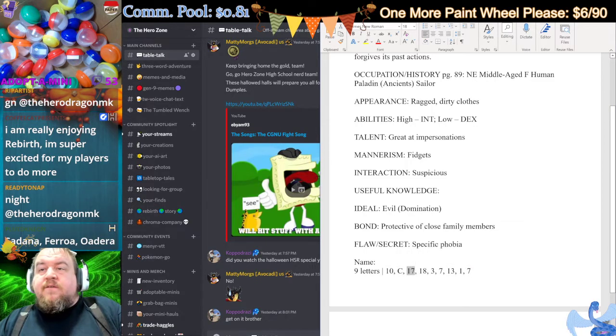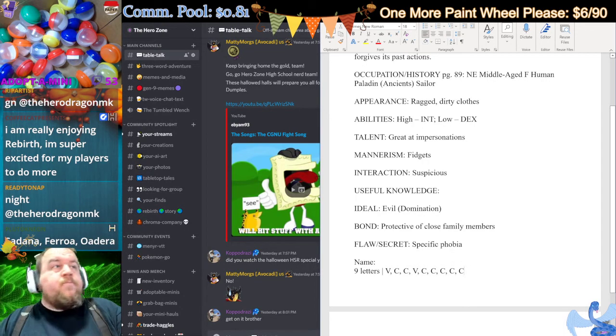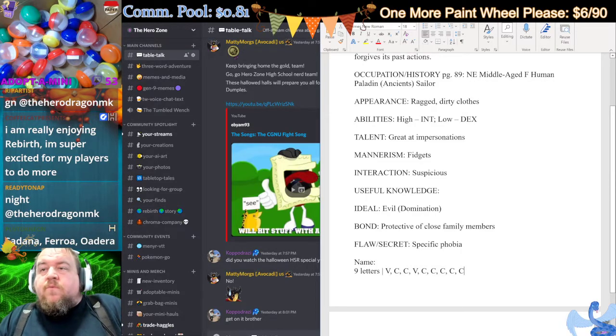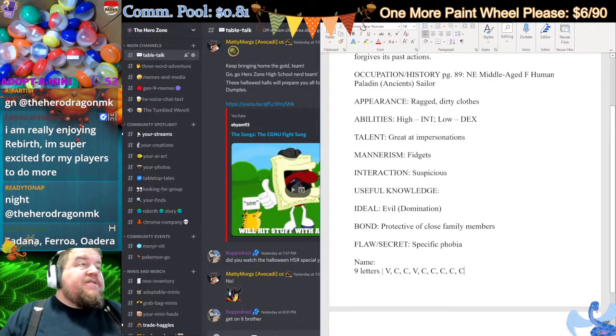Consonant, consonant, consonant, consonant, consonant, consonant, and consonant. We have 2 vowels. Okay. 1, 2, 3, 4, 5, 6. So we have 7 of these.